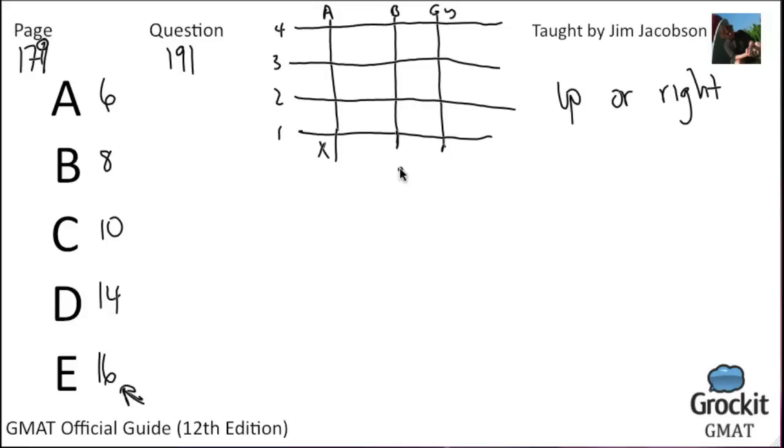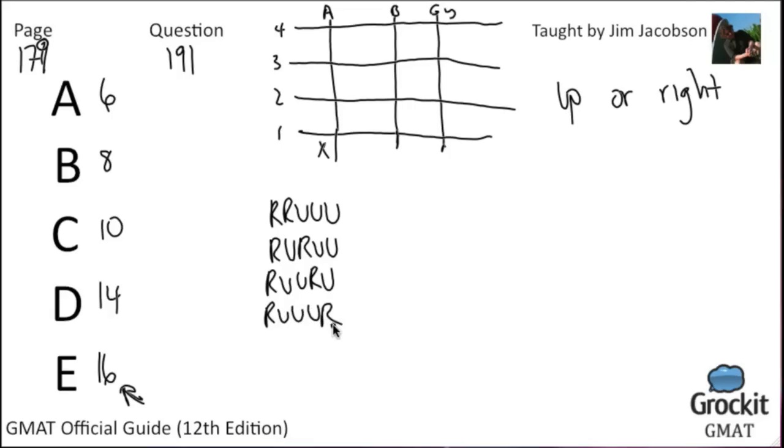So this is a case where the hard way is actually just to list all of them. Just starting from the bottom, Pat can go right, right, up, up, up. And then just start gradually eliminating different options. So we have right, up, right, up, up, right, up, up, right, up, and then right, up, up, up, right.